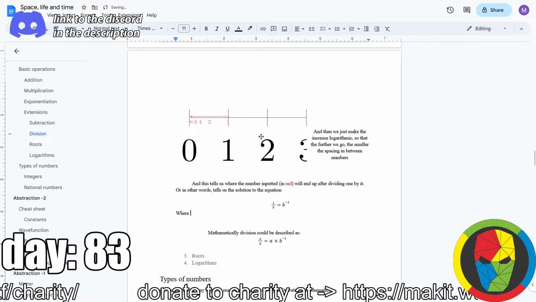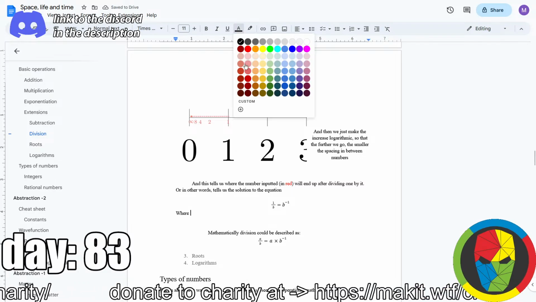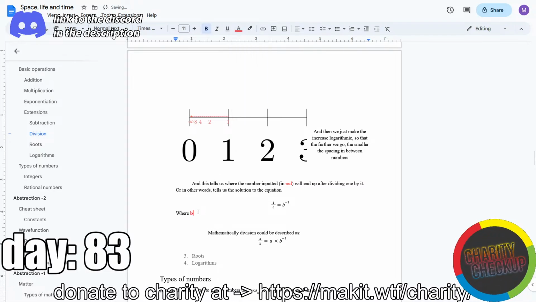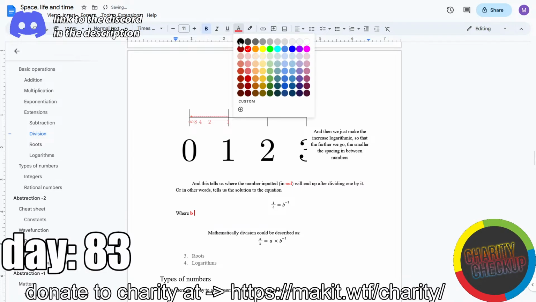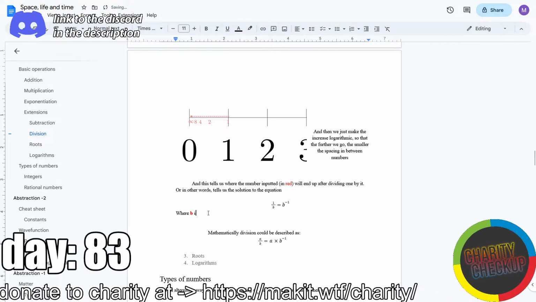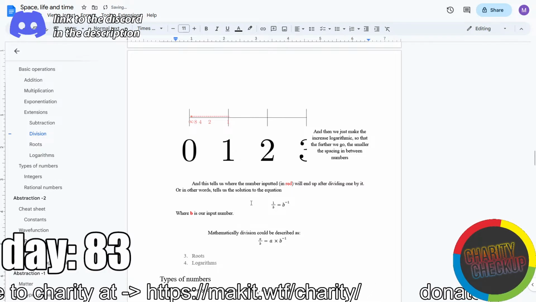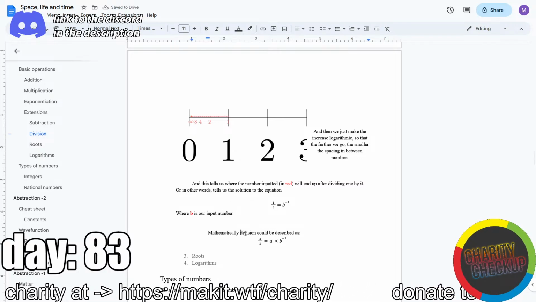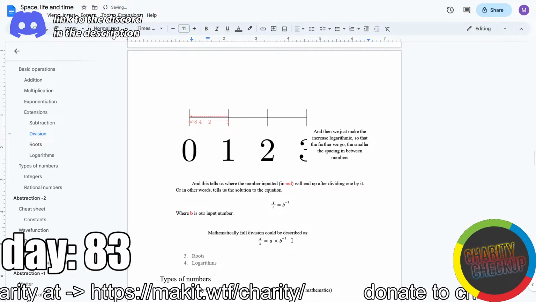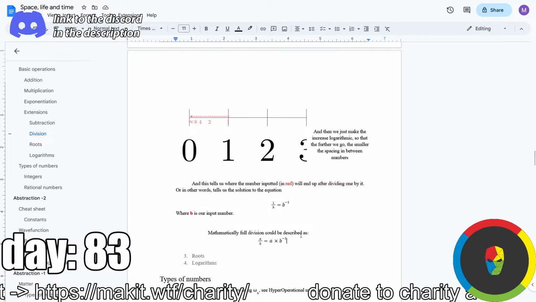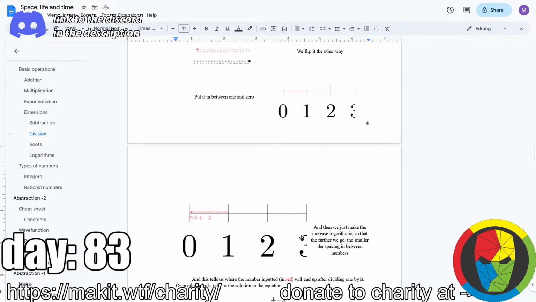Where b is our input number. Mathematically, full division could be described as this because we just take that and we multiply it. Great.